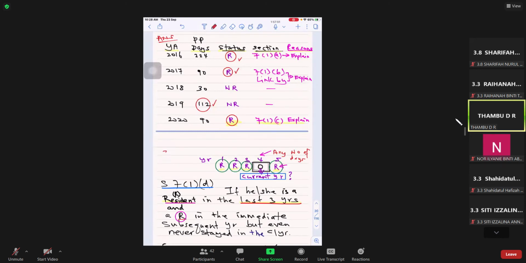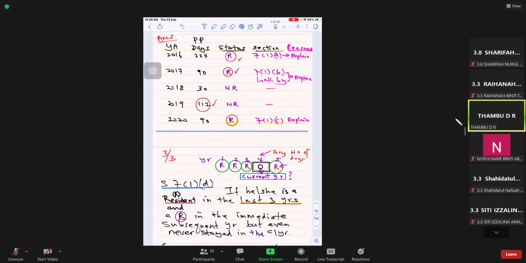That means 3 out of 3. You need 3 out of 3. You must be a resident, not 90 days resident. And in the immediate next year, you must be also a resident. Only then you'll become a resident in the current year.